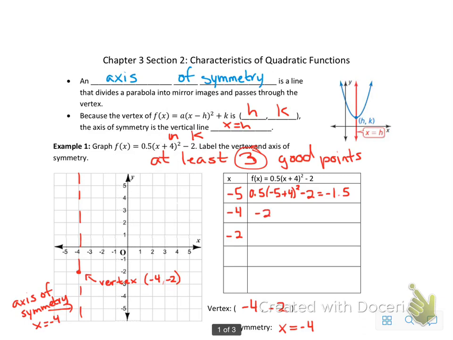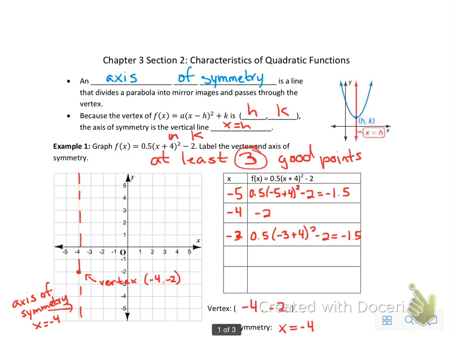And then you do the same thing with the other side. I want to put -3 there. So -3: 0.5 times -3 plus 4 squared minus 2. Again, you can put that into any calculator. You can use the calculator on your computer, which you're probably watching this on, or on your phone. Your phone has a calculator.